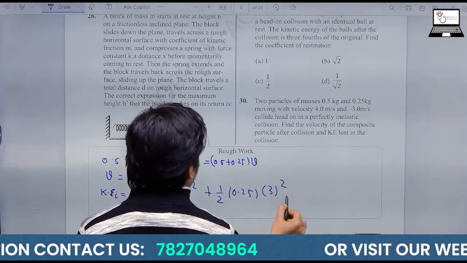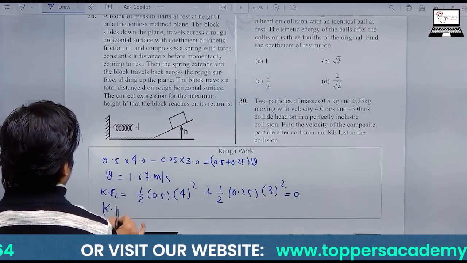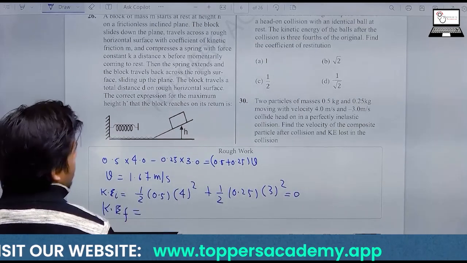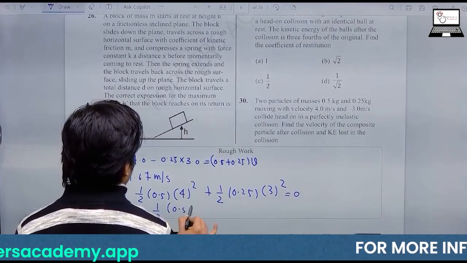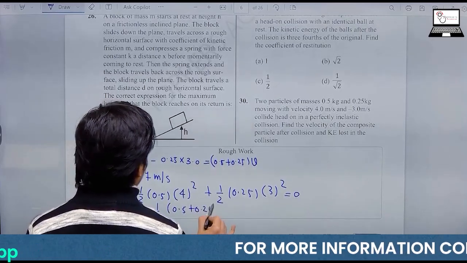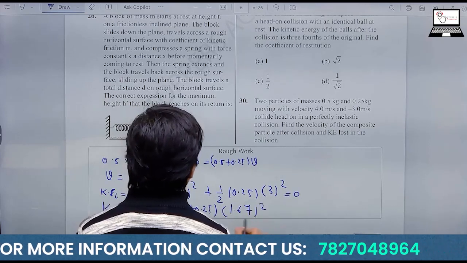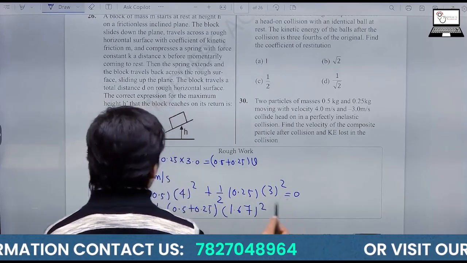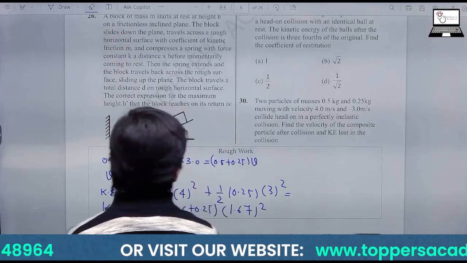What is the final kinetic energy? The final kinetic energy will be equal to 1 by 2 into (0.5 plus 0.25) into 1.67 square. You will get some value of the final kinetic energy. That is not 0.